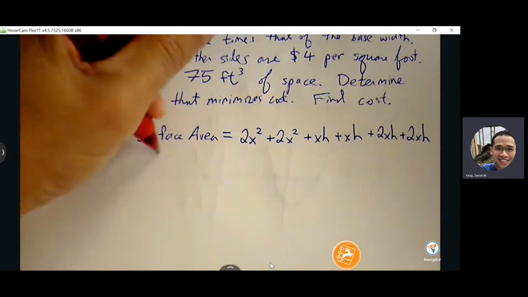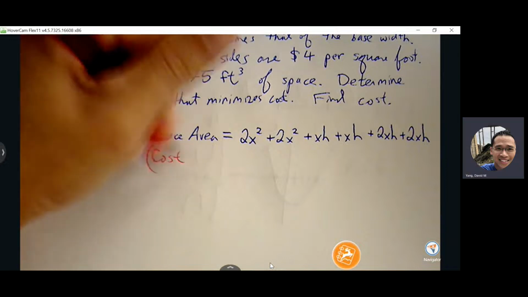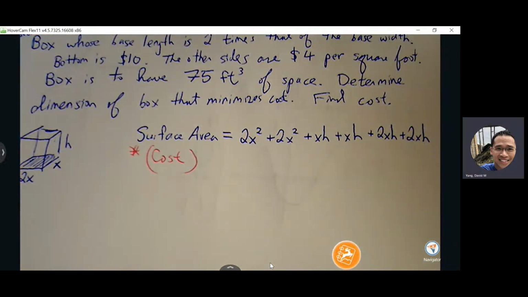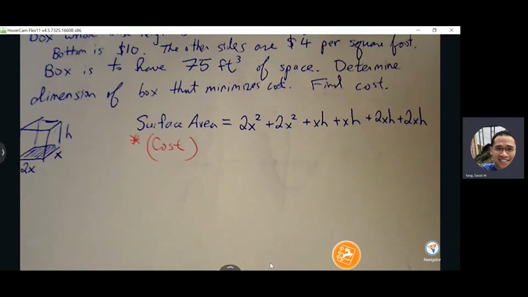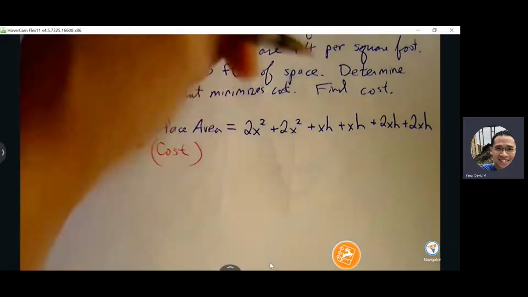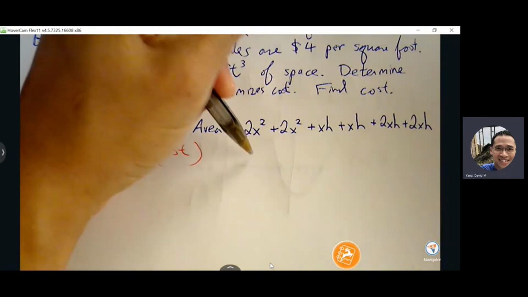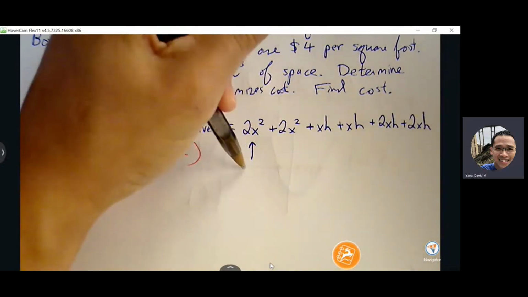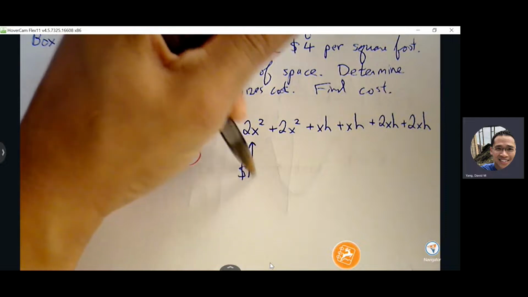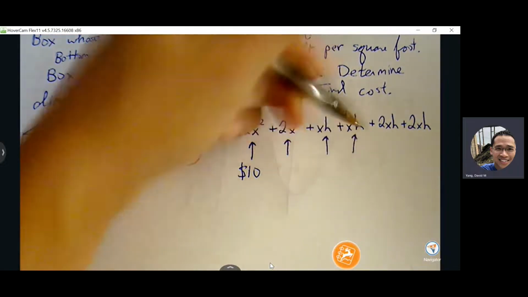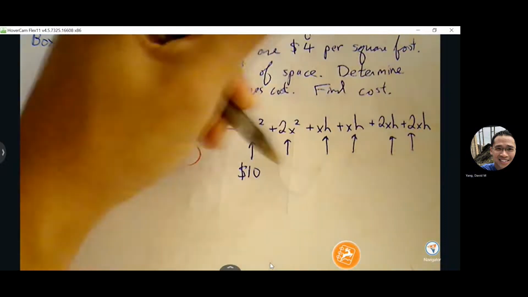Now we're going to involve the cost, and that way we can update this equation and call it the cost equation. But we have to multiply the amount by the price per square foot, right? I'll choose the first 2x squared to be the bottom, the base, but everything else is going to be multiplied by what? 4.